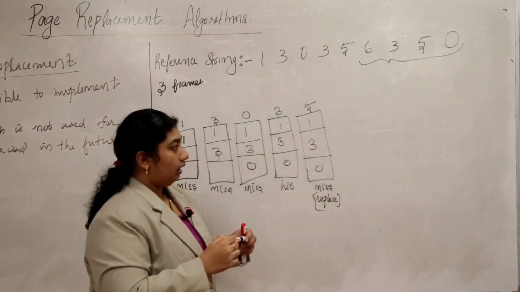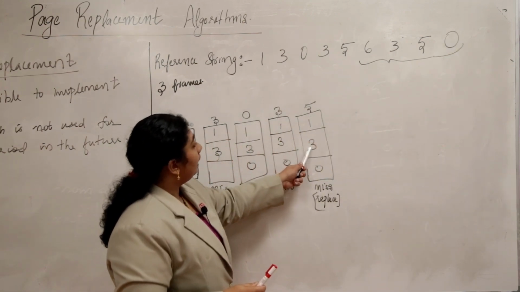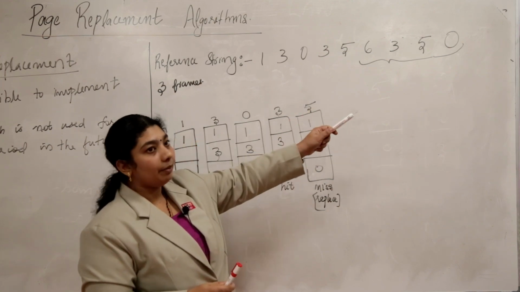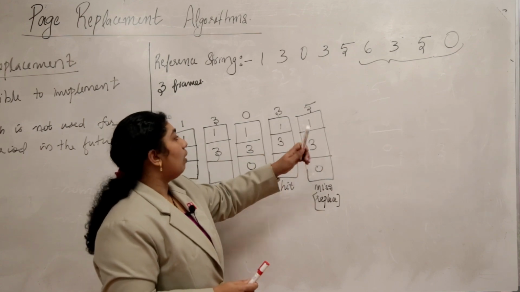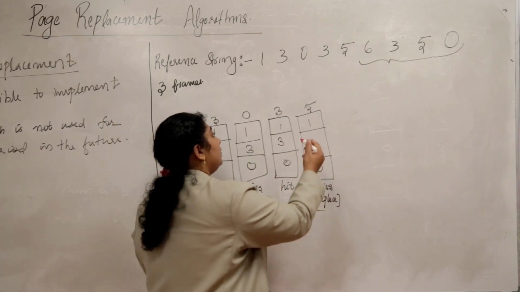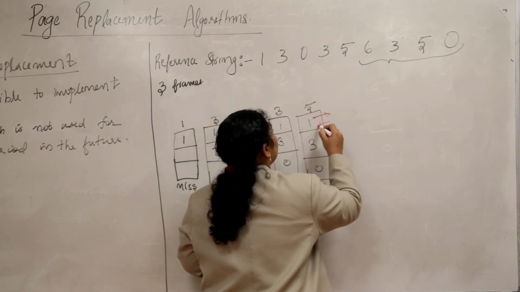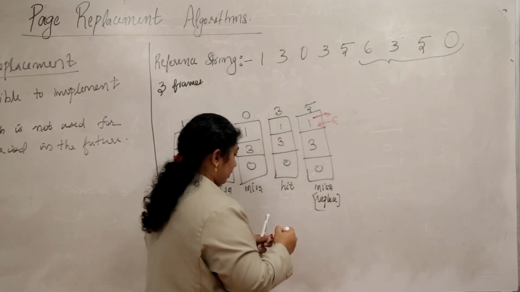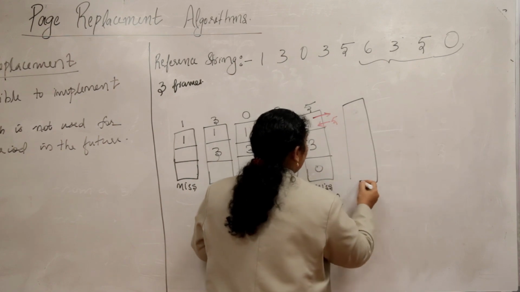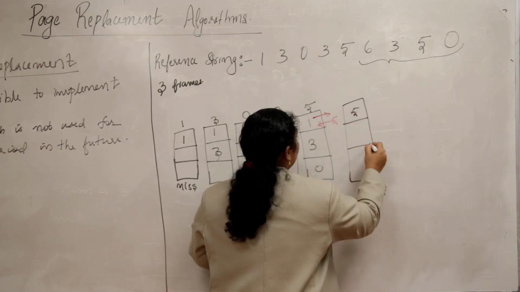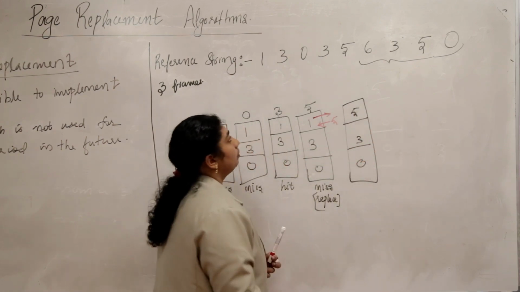In this case 3 and 0 are being used in the future, but 1 is not being used. In that case 1 can be swapped out. So let's say 1 is swapped out and 5 is swapped in. The new values in the physical memory will be 5, 3 and 0.